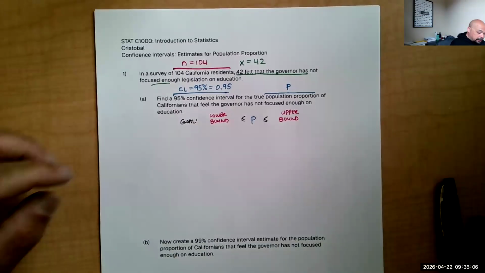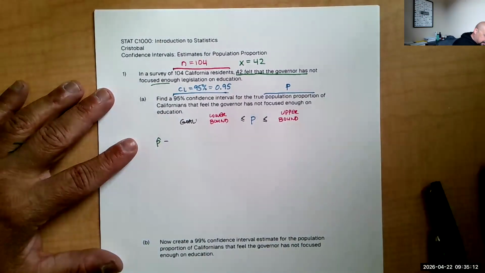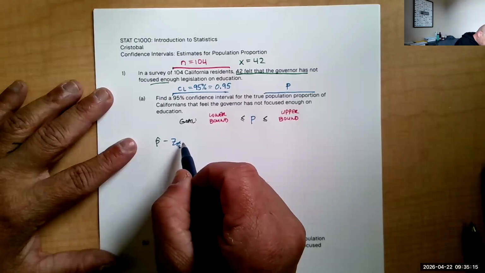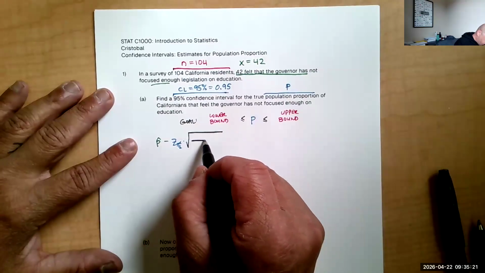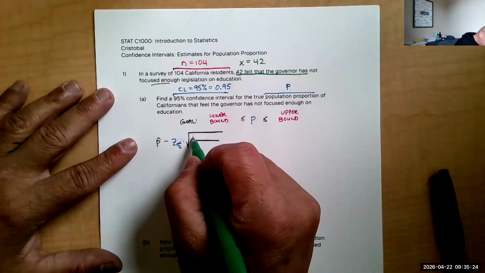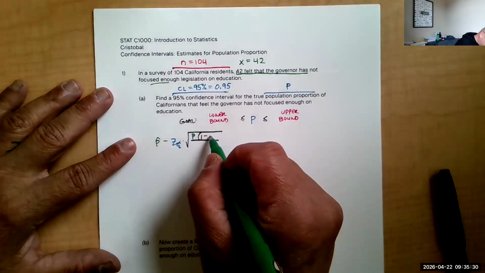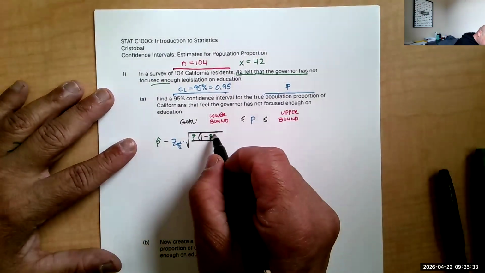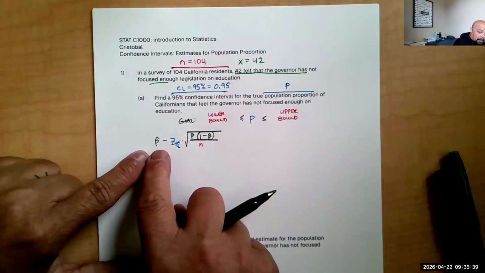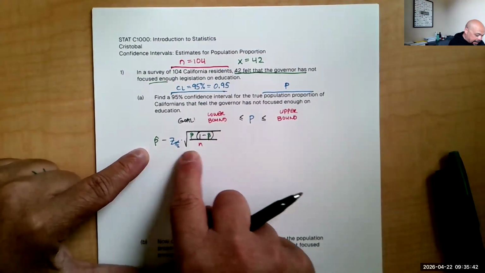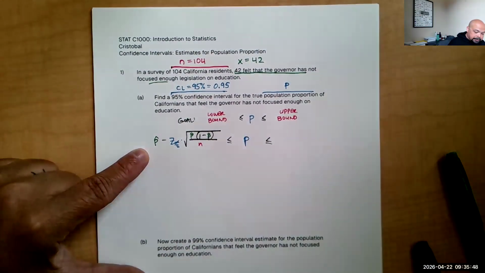Looking at our formula, just so we have that there: P hat minus that Z sub alpha over 2 times this big square root, fraction aside, P hat times 1 minus that P hat, that sample proportion, all over n, kind of color coordinating. So there's our lower bound, our point estimate, our sample proportion P hat, minus that error. For our upper bound, let me put my population proportion P in the middle.